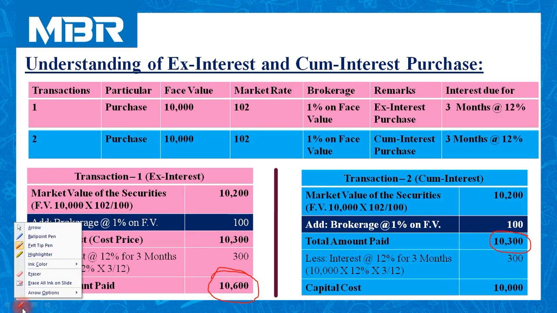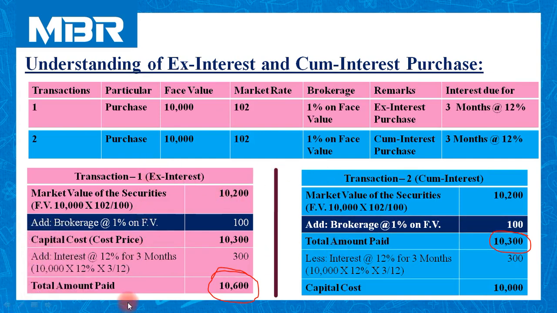Why it is so? यहां पे ऐसा क्यों हुआ? Because transaction number 1 is all about X interest purchase. इसका मतलब यहां पे जो हमें मार्केट रेट दिया गया था वो सिर्फ सिक्योरिटीज का था, उसमें इंटरेस्ट इंक्लूड नहीं था। लेकिन ये जो ट्रांजैक्शन है नंबर 2, ये कम इंटरेस्ट ट्रांजैक्शन है। कम इंटरेस्ट ट्रांजैक्शन का मतलब ये हुआ कि ये जो 102 मार्केट रेट आपको दिया गया है उसमें जो भी बाकी इंटरेस्ट है वो ऑटोमेटिकली इंक्लूड हो जाता है। सो हियर फर्स्ट वी विल गेट टोटल अमाउंट पेड 10,300.